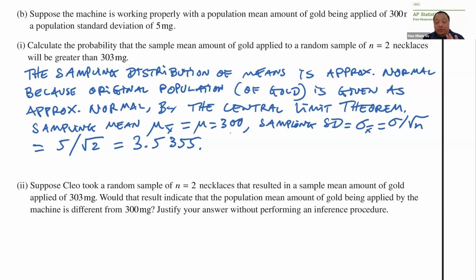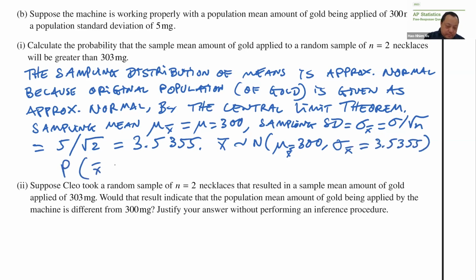I'm pretty sure I don't really have to do that because I already have the word normal here. I already have the mean here, and I already have this standard deviation here. But might as well. Greater than 303. And I get 0.1980.